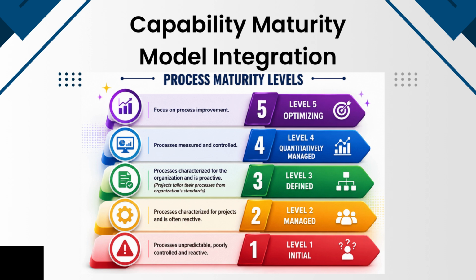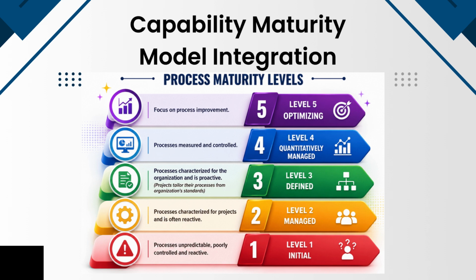Let's begin with Level 1, which is the initial level. At this stage, the organization's processes are unpredictable, poorly controlled, and reactive. Most activities depend on individual skills and experience rather than on standard procedures. As a result, the outcomes are often inconsistent, and the organization may face difficulties when dealing with unexpected challenges.